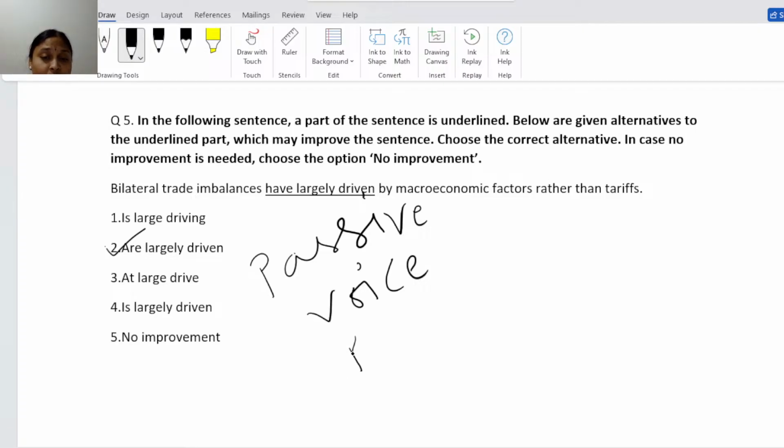So it will be in the past. In that case, for the passive voice, the verb form will be the past participle form, that is taken as driven.